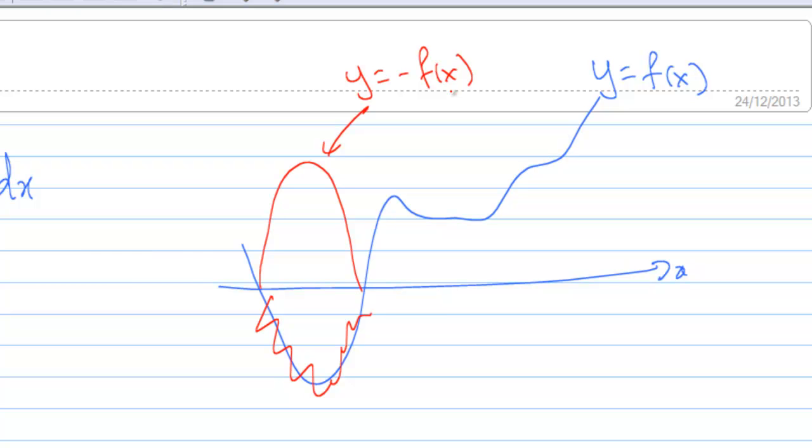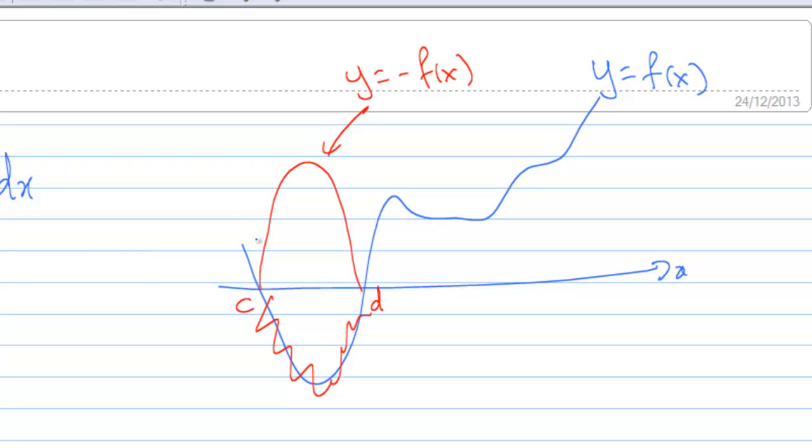Next, analyze the values for which f(x) equals 0, let's say c to d, and break up the original integral into various integrals according to what you see from the graph.